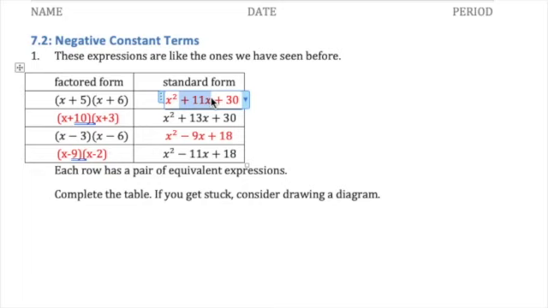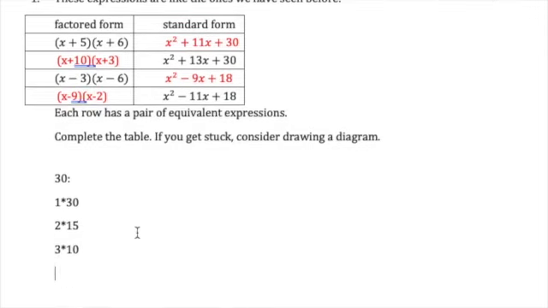Going from standard form backwards, I notice that again I need two numbers that multiply to 30, but they have to add to get me 13. If I run through my factor pairs of 30, there's 1 times 30, 2 times 15, 3 times 10, 4 does not work, 5 times 6, and now that I've reached 6 again, these are my 4 pairs.